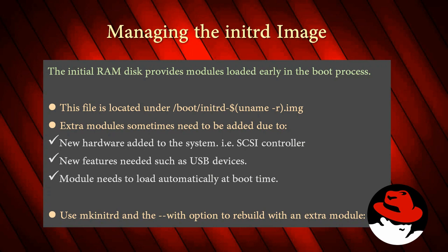When you add a new hardware to the system, for example, SCSI controller, or you may add a new feature such as USB devices, or you can add modules that need to load automatically at boot time. For this purpose, you need to configure initial RAM disk or initrd. You can use mkinitrd or make initrd with the with option to rebuild an extra module.